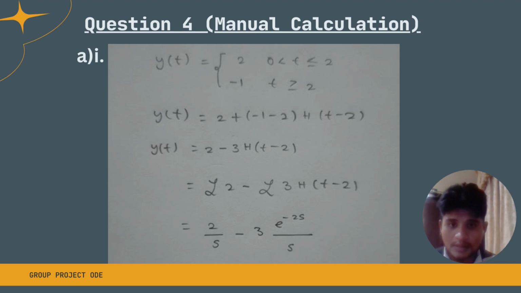So y(t) equals 2 minus 3h(t minus 2), and we take Laplace of 2 minus Laplace of 3h(t minus 2). So the answer is 2 over s minus 3 e to the power of negative 2s over s.